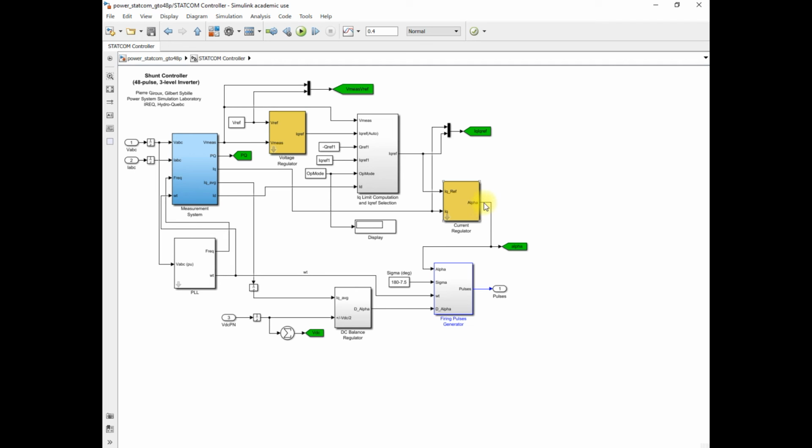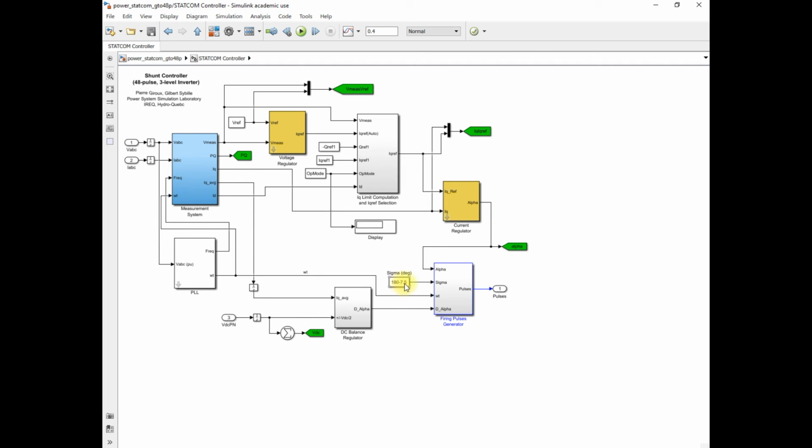So the output of this current regulator block is applied to the firing pulse generator block. Then sigma is given after subtracting the phase shifting between the two converters. You know that in the multi-level converter, between the two converters we provide 7.5 degrees of phase shifting, so that you get the staircase type of output waveform.